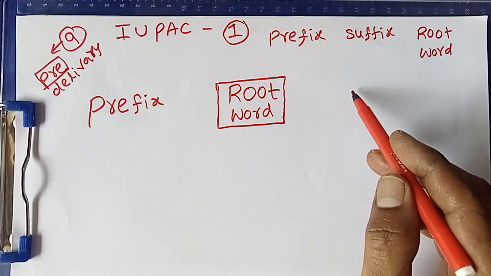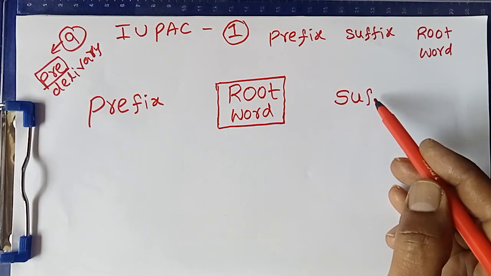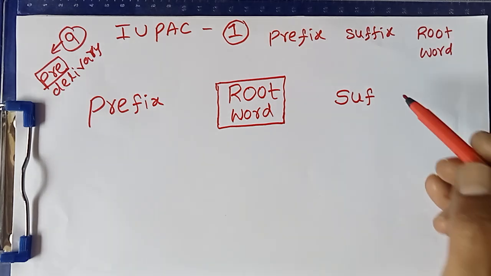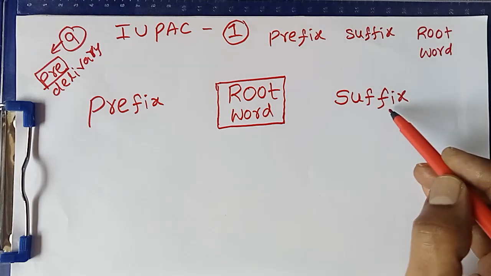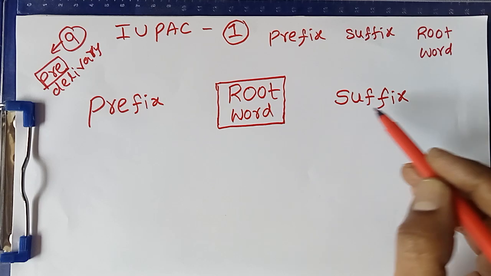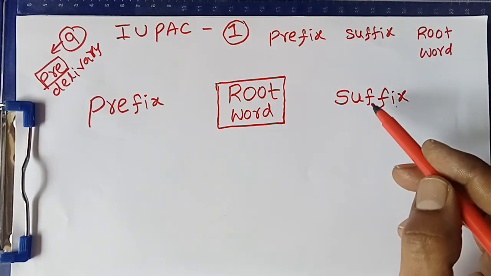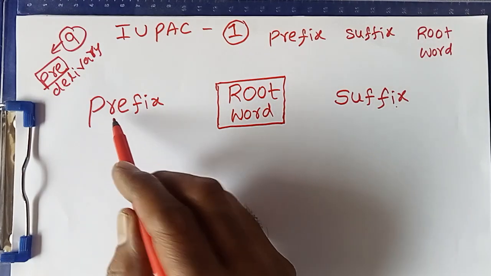Next, suff meaning after, last actually. And this place is also fixed. We don't change this place. After the root word which is fixed, that is called suffix. Before the root word which is fixed, that is called prefix.